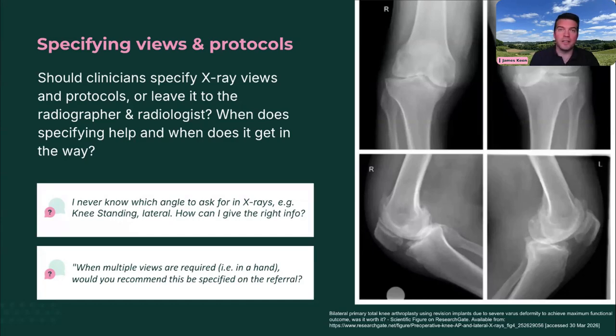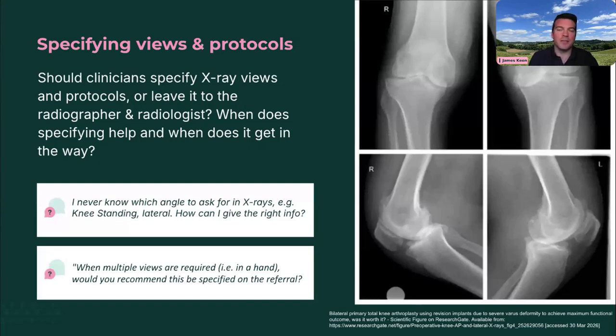So it can irk radiographers when someone is ultra specific about the views that they want, and you see referrals coming through for a knee that specify very particularly AP and lateral. You're like, of course it's AP and lateral.